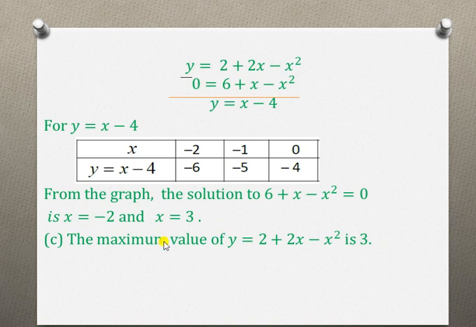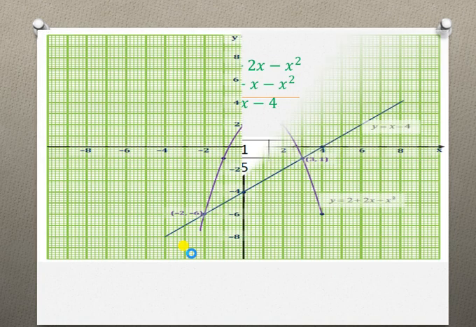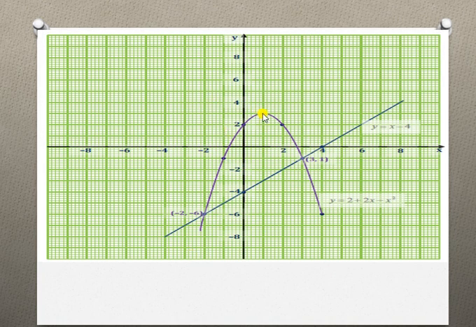Now, they also ask for the maximum value of y. How do we get the maximum value? The maximum value is simply got by going back to your graph. Look at the maximum peak. Now here you can see this is a really turning point. This is the maximum peak. I simply go and read the value of y corresponding to that peak. And in this case, I can easily see it as 3.